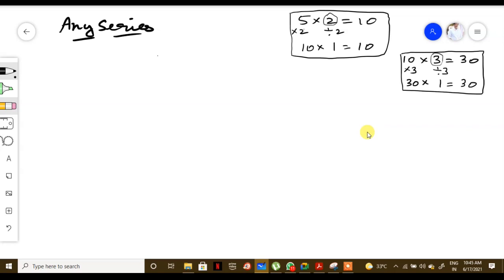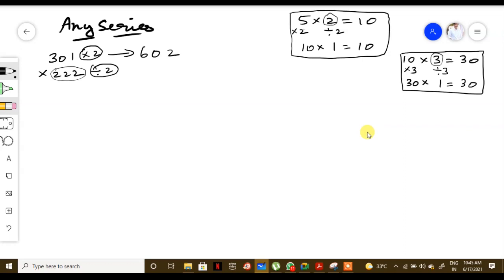So here I take an example, 301 into triple 2, correct? I want to change this triple 2 into triple 1, correct? So I multiply this term with 2 and divide the other term by 2, right? You will get the answer. So it is very easy, correct? 2 3s are 6, 2 into 0 is 0, 2 ones are 2.